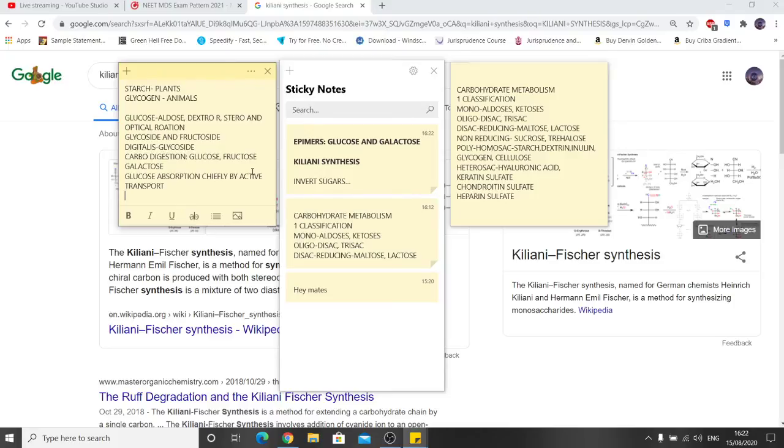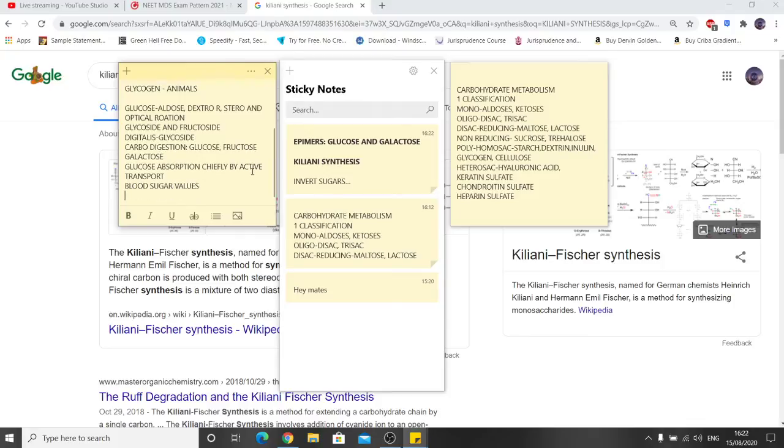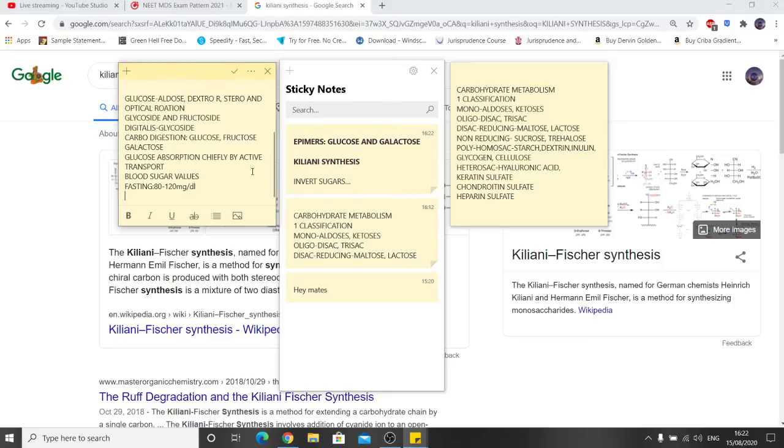So blood sugar values. Fasting, this book says 80 to 120 mg per deciliter, but actually according to most of the textbooks I think 70 to 110. Random, 110 to 150 mg per deciliter.